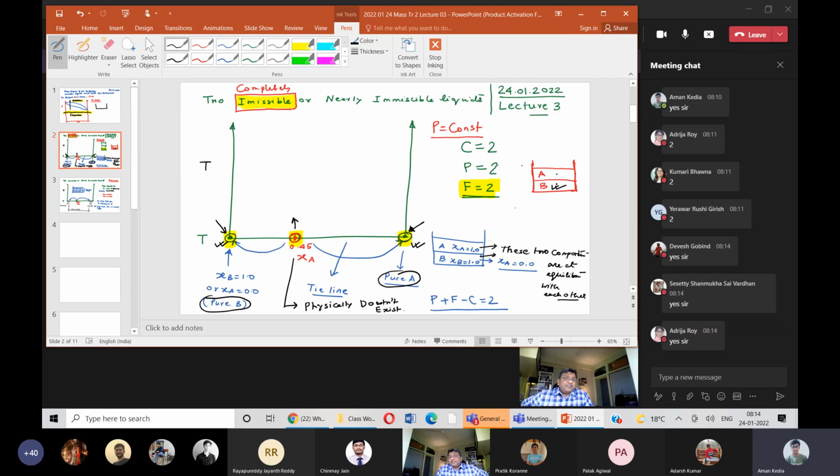Now, these 2 phases are in equilibrium with each other. Yes or no? So this composition and this composition are in equilibrium with each other.